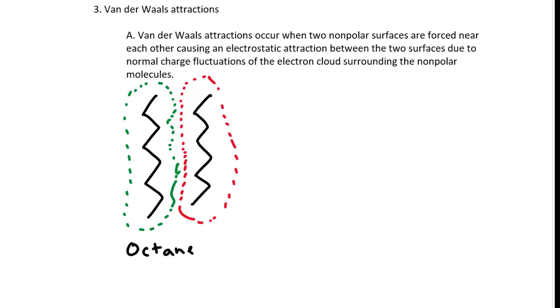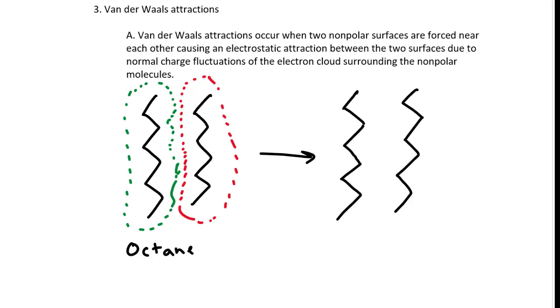So when these electron clouds get near each other, what will happen is they'll sort of start to repel each other at certain points. So what you can imagine is that once they get near each other, at some points along this chain, the electron cloud of one will push against the other and make those electrons sort of spend more time on one side.